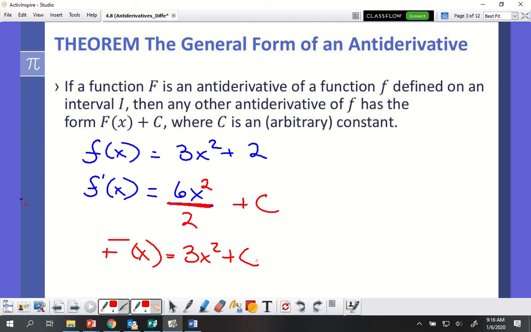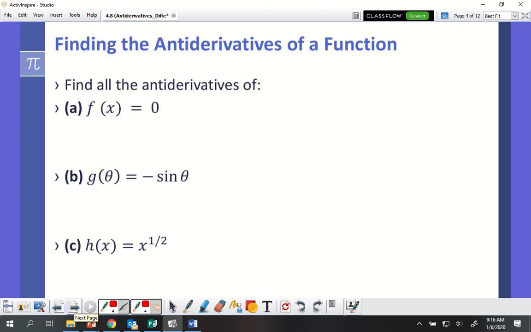Okay, so this isn't part of the video or even part of the notes, but I just wanted to go through and show you what it's doing. So the antiderivative of this: if I have 0, then the antiderivative, capital F of x, is going to be... undefined?